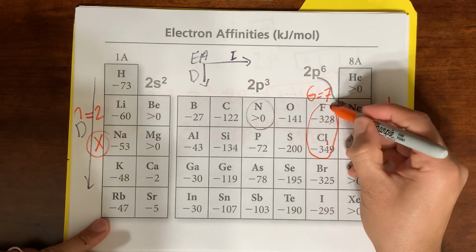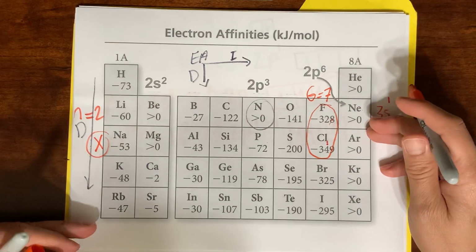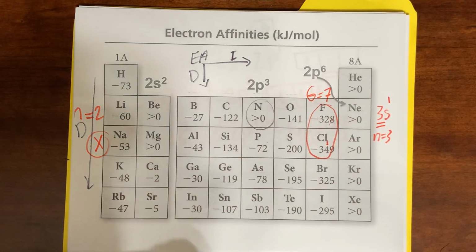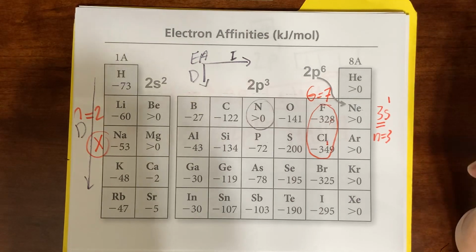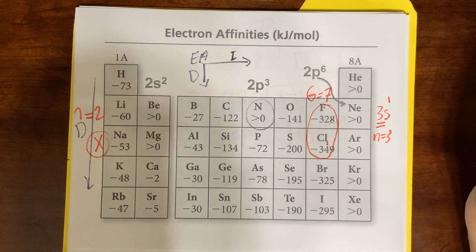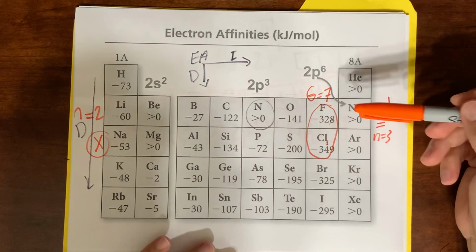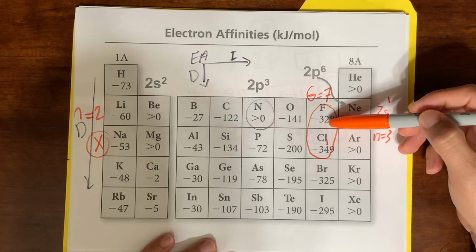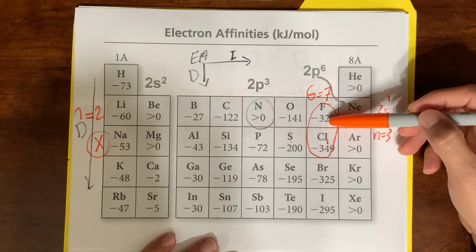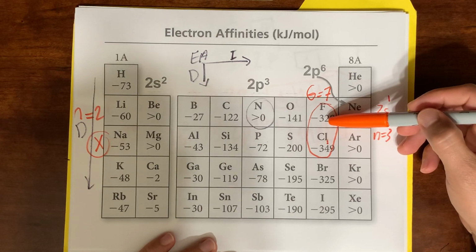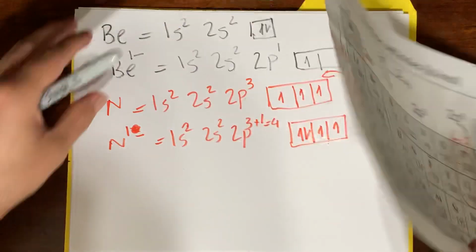What's the story about those two? Okay, fluorine is so small that when you give it one new electron, it will see the rest, and it will have repulsion with them. So let's write it somewhere.